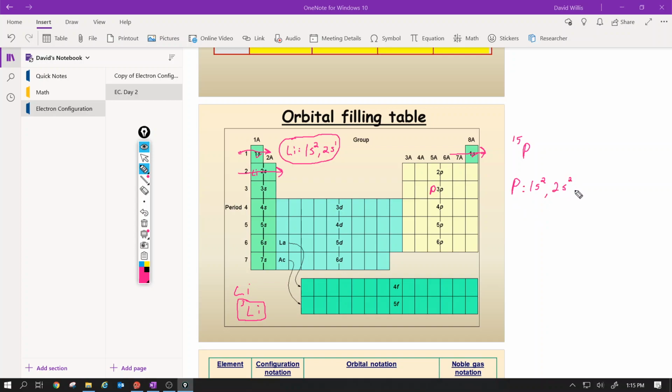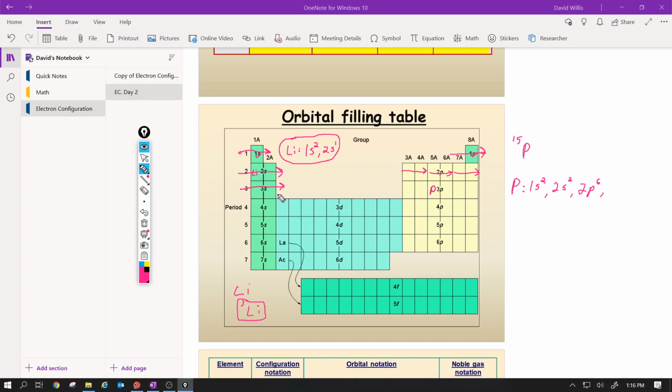And that's going to hold 2 as well. Then I'm going to come across here to the 2p orbital. It's going to hold 6. And I've got my x, my y, my z. That's going to hold 6. Well, I'm still not to 15, so I'm still filling these up. 2p6. And 3s2. All right, then I'm going to come here.